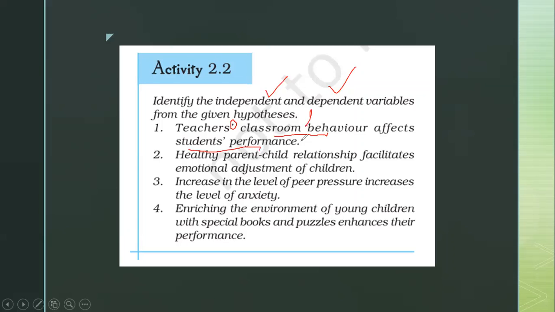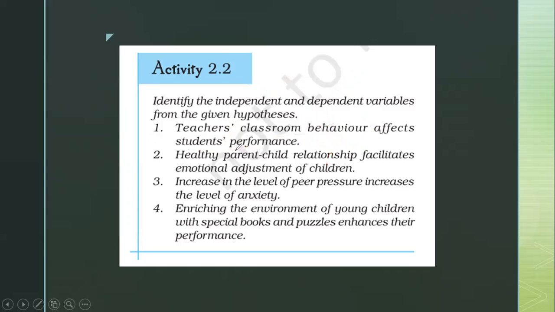So this is the independent variable, this is the dependent variable, because if the teacher's behavior changes, the student performance changes. If the teacher teaches in an excellent manner, the student performance is also excellent.